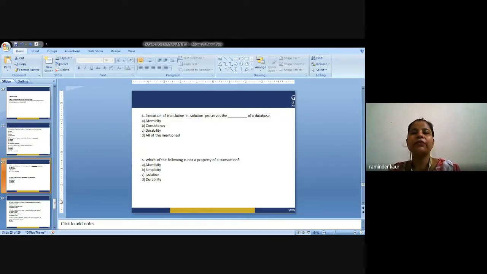Next: execution of the transaction in isolation preserves the dash of the database. Atomicity, consistency, durability, all of the mentioned. Next: which of the following is not a property of the transaction? Atomicity, simplicity, isolation, durability.